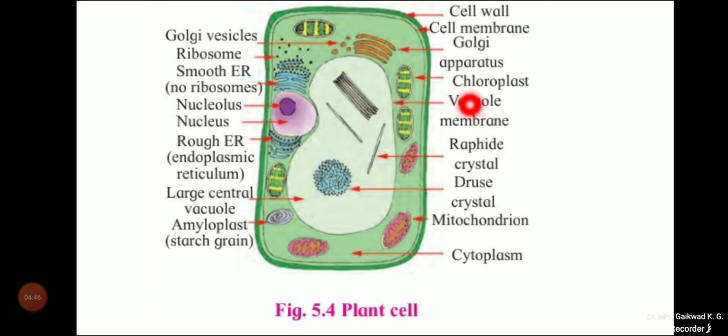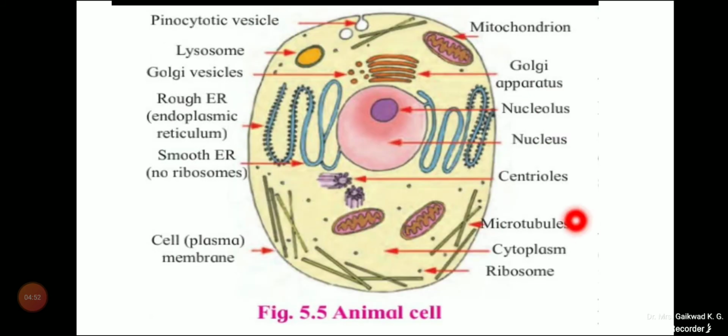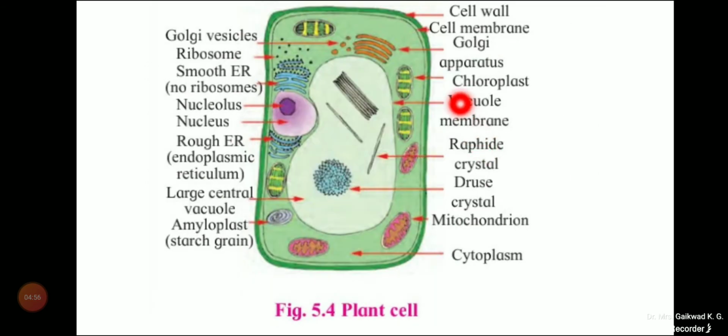But what is the difference between the plant cell and animal cell? The chloroplast is present only in the plant cell, but not in the animal cell. Animals don't have chloroplasts, but the plant cell does, and because of it the plant cell is able to synthesize its own food material.